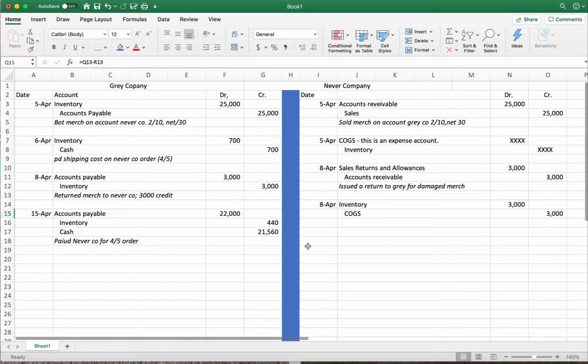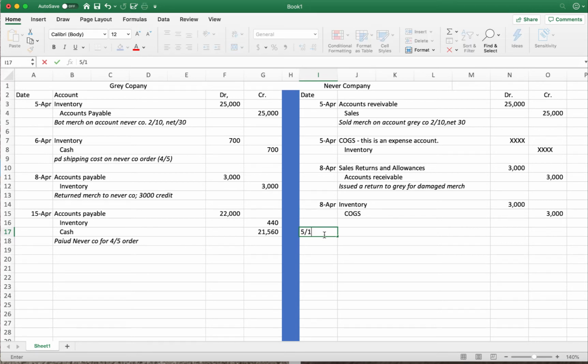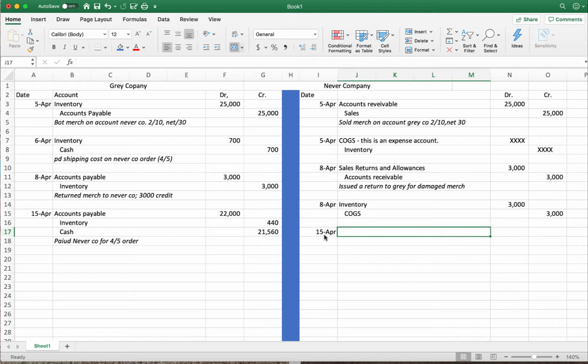So if we look here, we see that on 4/15, we receive payment, right? On 4/15, Gray Company paid their invoice to us, okay? We saw how to book it from the buyer side. Now let's see, how do we book this from the seller side, okay?